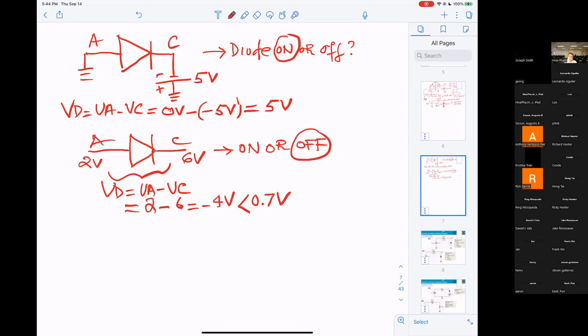So the diode will be off. And when they're off, they will look like A here, C here, open. That means the current cannot flow from A to C.